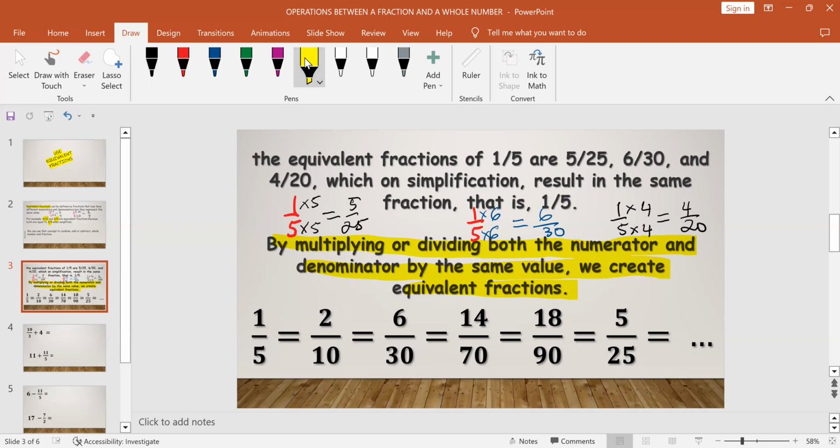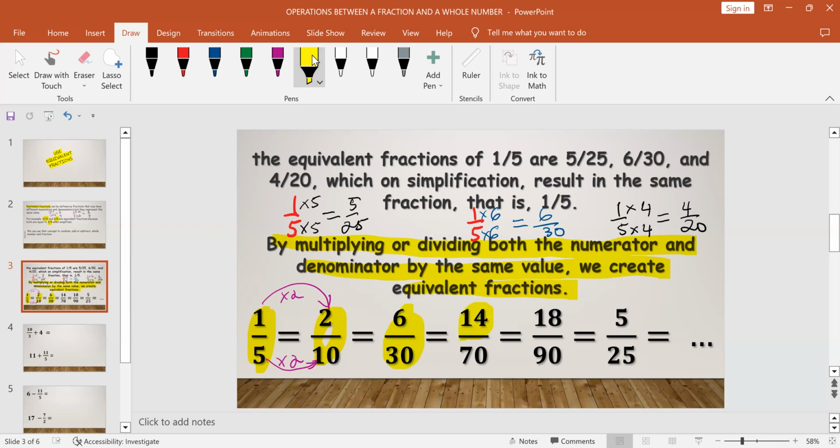So here, having 1/5, which is equivalent to 2/10, means that we multiply 1 by 2 and at the same time 5 by 2. Another similar equivalent fraction here is 6 over 30, which I already explained previously.